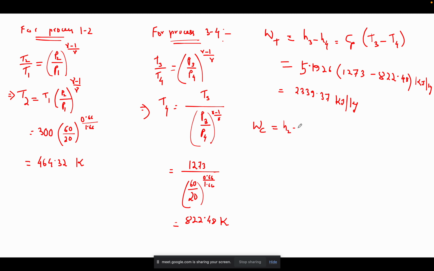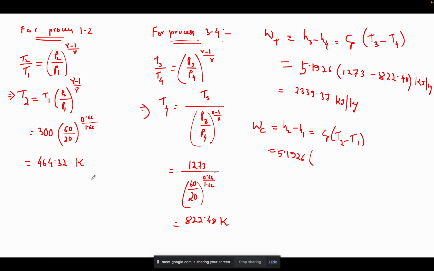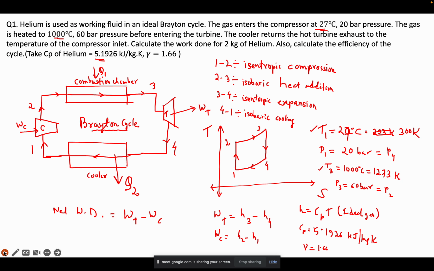Similarly WC will be H2 minus H1, that is Cp times T2 minus T1, that is 5.1926 times T2 is 464.32 and T1 is 300.